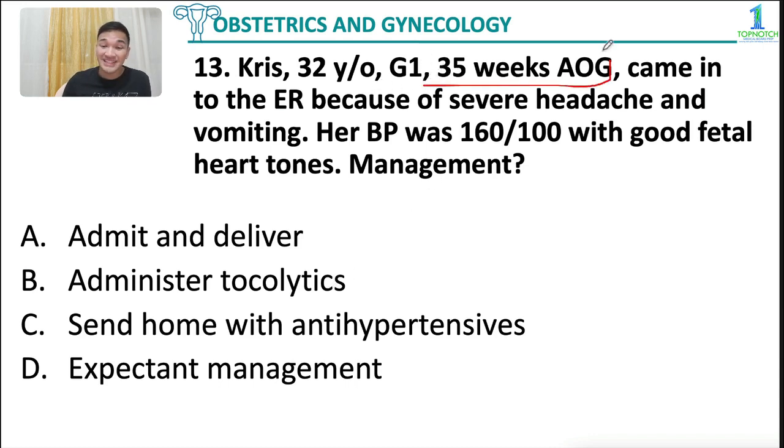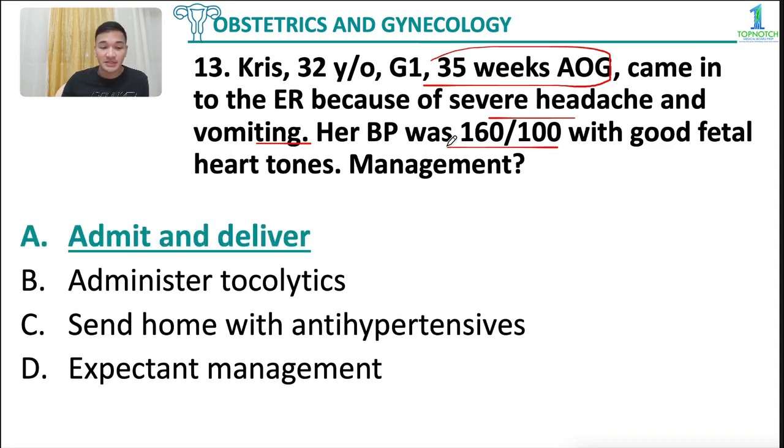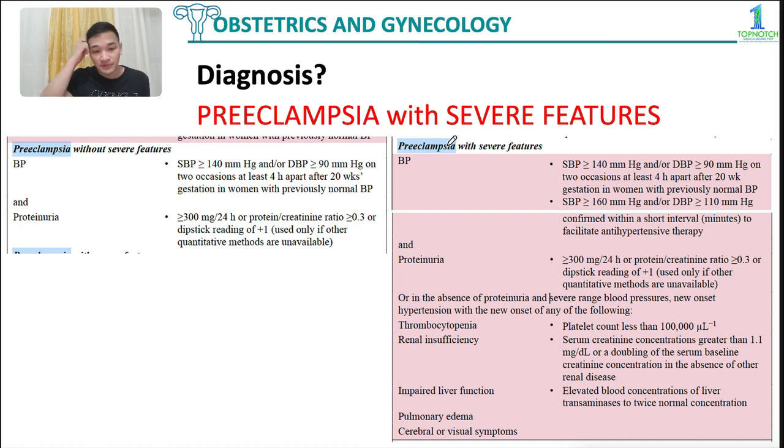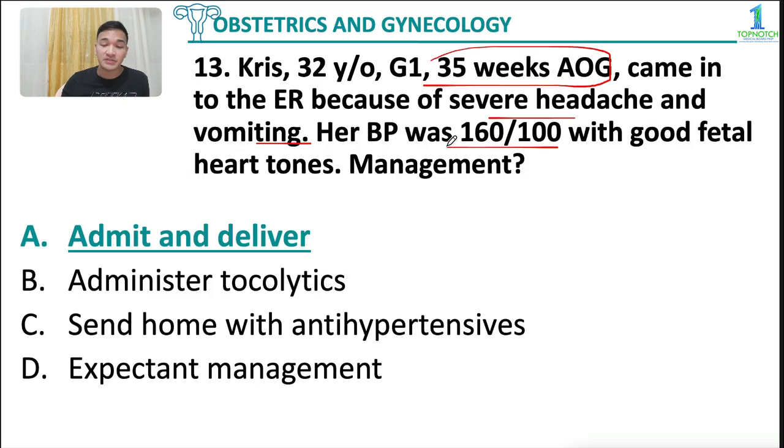Patient na 35 weeks AOG came to the ER for severe headache and vomiting with 160/100 na BP. So, ang management dito is admit and deliver. Okay, so this is a case of preeclampsia with severe features on the basis of the BP na 160/100. Actually, kulang ito.